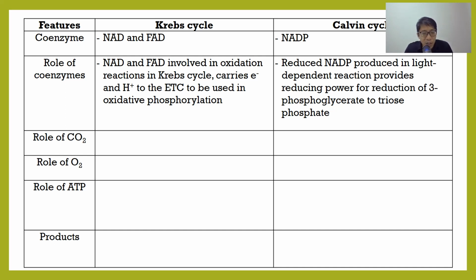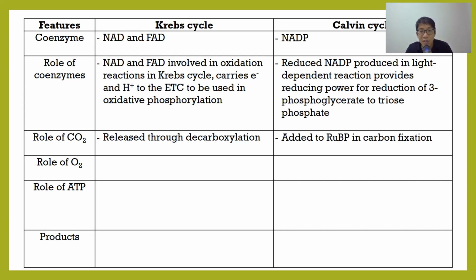For carbon dioxide, that would be a byproduct in the Krebs cycle, but for the Calvin cycle, there's actually a substrate that goes into carbon fixation. For oxygen, both cycles don't require oxygen directly, but the Krebs cycle only occurs when there is oxygen.